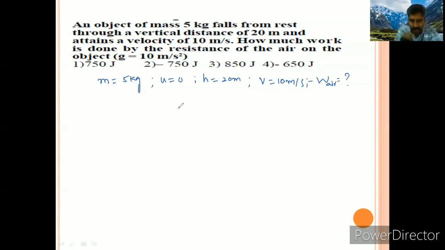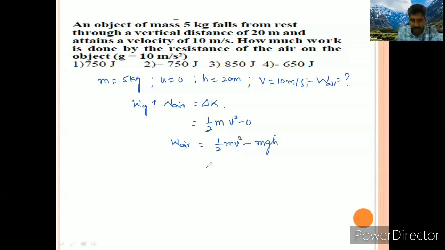So here we use the work energy theorem only. Work done by the gravitational force plus work done by air resistance is equal to the change in kinetic energy. So half m v square only is there, and the initial one we can consider as 0. So work done by air resistance is equal to half m v square minus work done by the gravitational force mgh.